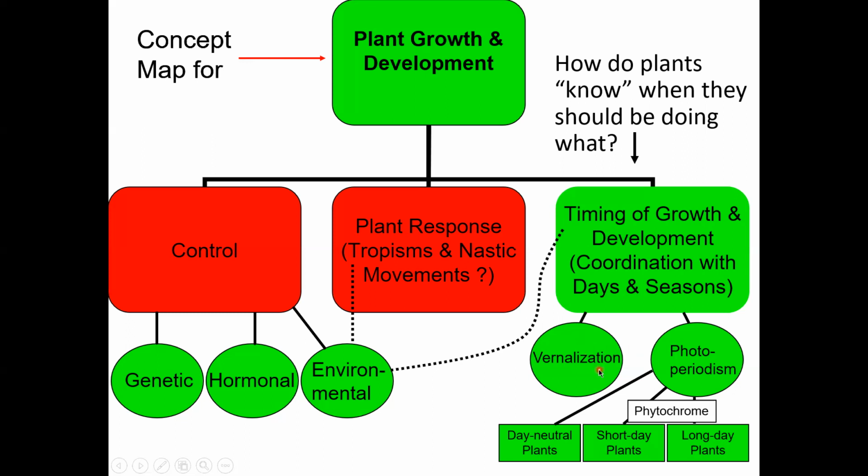Some plants flower in response to both photoperiodic requirements, light requirements, and vernalization. So it's like an experiment with more than one variable, which makes it interesting. Any questions? Take that as a no.